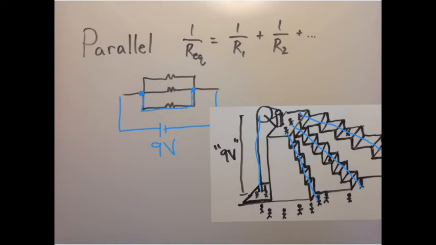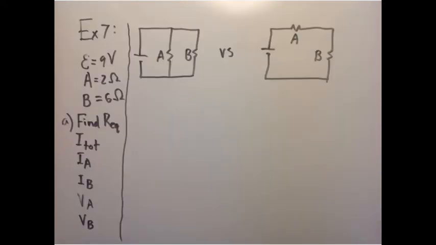Whether you take this path, or that one, it's the exact same number of volts back to the battery, back to the ground.